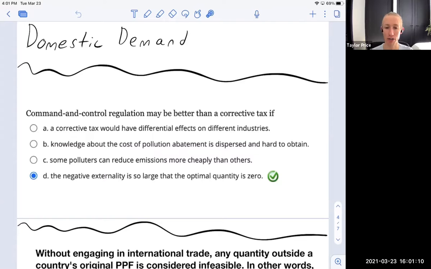Basically all that's really saying is that command and control is good if you want to eliminate something, but if you don't want to eliminate it, then usually a tax gives you a better outcome, because then the market can compare who values the continuation of pollution more.